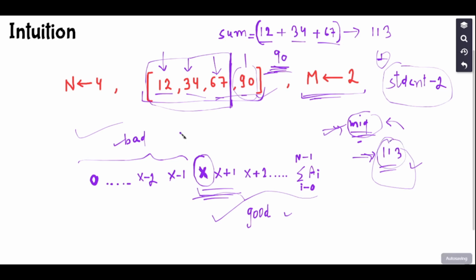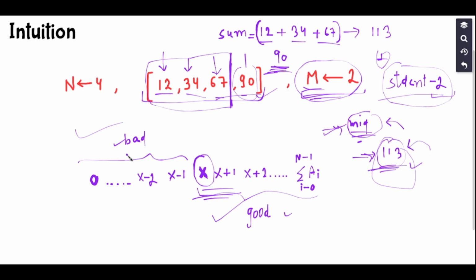We haven't crossed the limit, and the number of students is 2, and that's what we require. M is also 2. We want to allocate the books to m students such that the maximum number of pages allocated does not exceed this 113, and so we return true for this case.